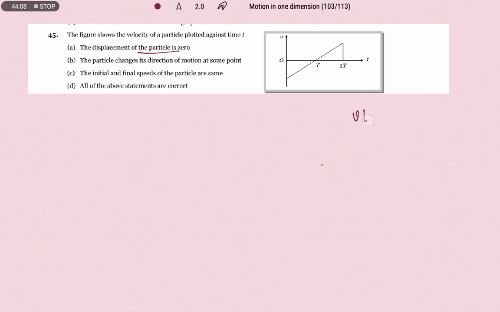So how to find the displacement with the help of the v-t graph? The area under the v-t graph gives the displacement. Let us find it. It is a triangle, so half into base into height. Both have the same height values, so I am taking this as minus v.